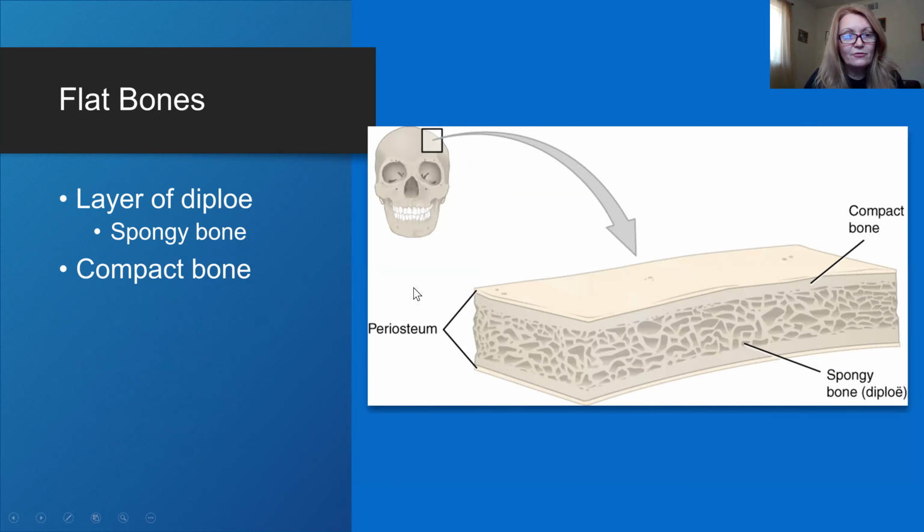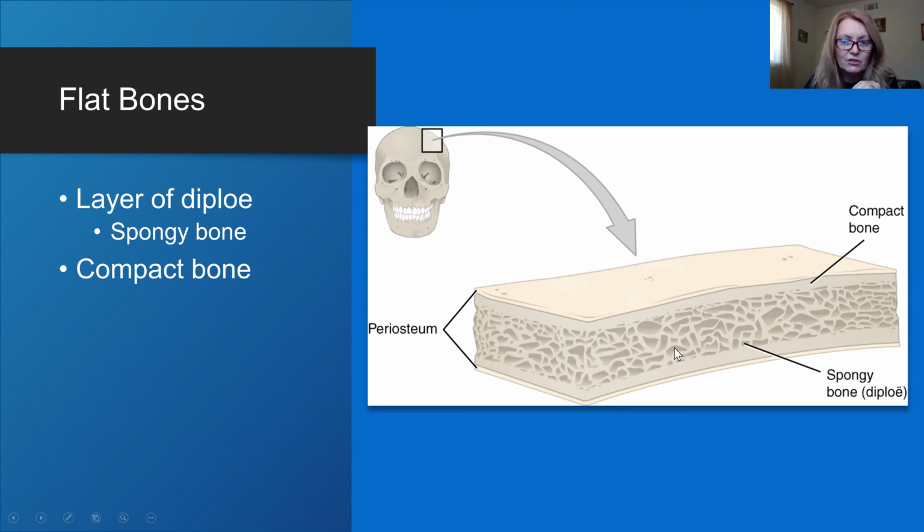We also have what we call spongy bone, and spongy bone is called diploe, right? We have layers of trabeculae, structures that look like a sponge.